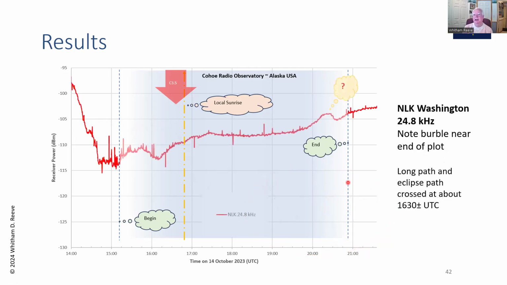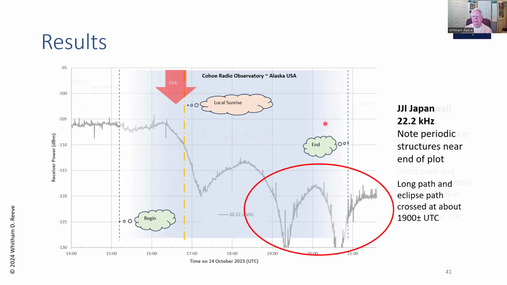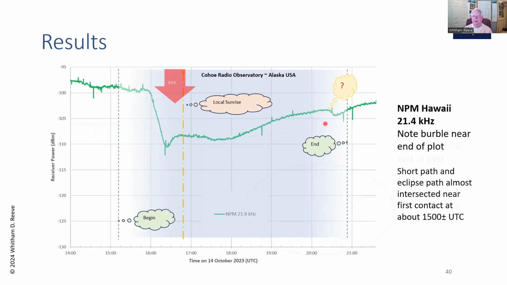Here's NLK in Washington State. This is a relatively short path, a couple thousand kilometers. They're more or less east of Coho. Again, there's nothing here that jumps out at me except for this burble over here on the right that coincided with the one in Hawaii.